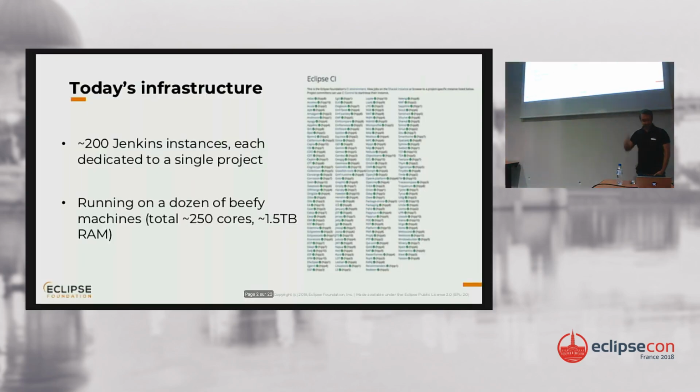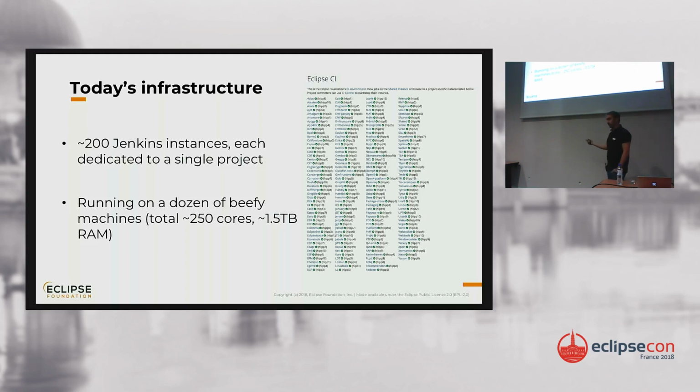So just a quick recap about the current infra and the current status of CI at Eclipse. We have about 200 Jenkins instances running. We have more than 300 projects at Eclipse, and 200 of them have a Jenkins instance.